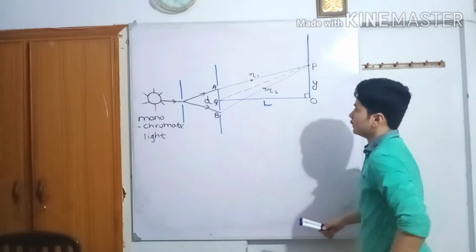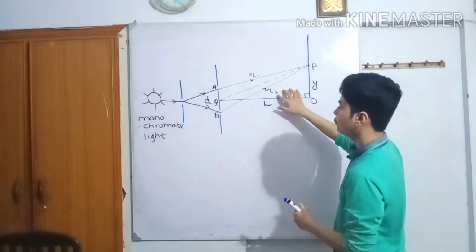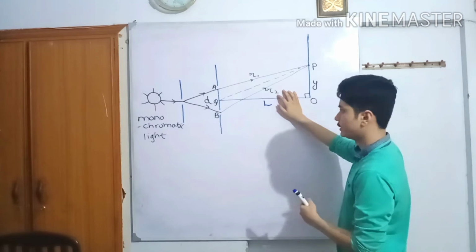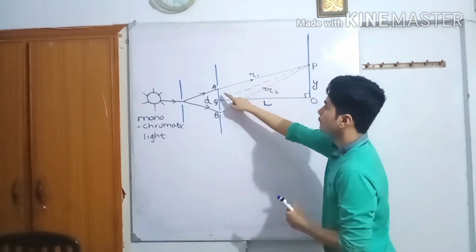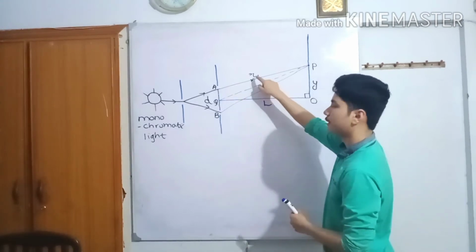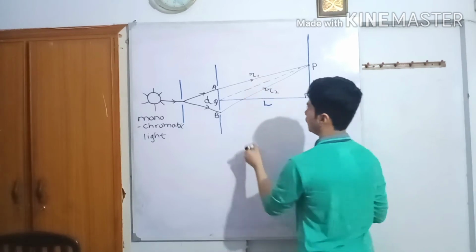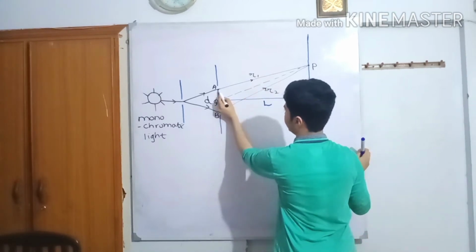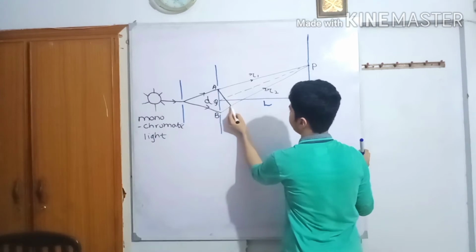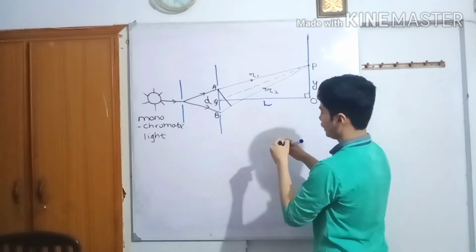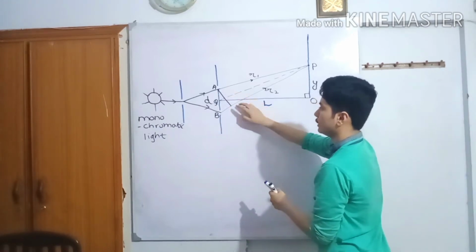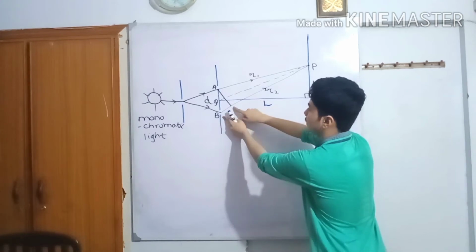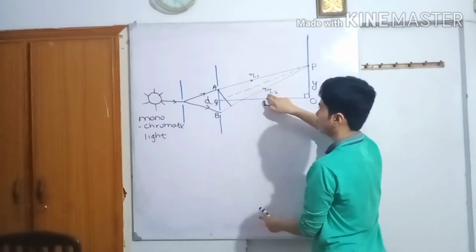As you can see, ray 2 is covering much more distance than ray 1. How much more distance is ray 2 covering than ray 1? You draw a perpendicular from the terminal point A over ray 2. Now this is the distance covered extra by ray 2 compared to ray 1.